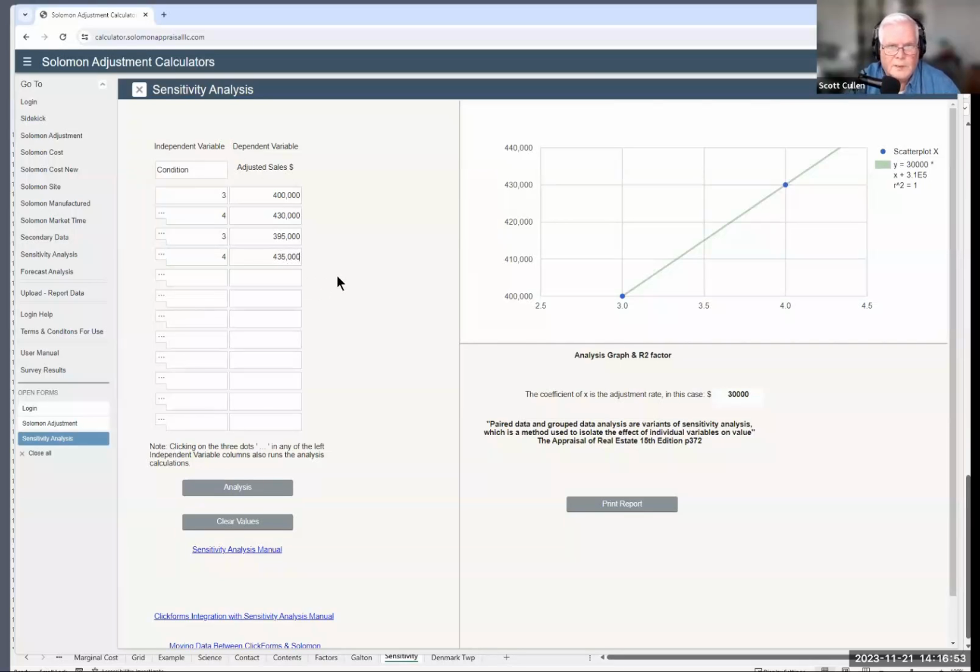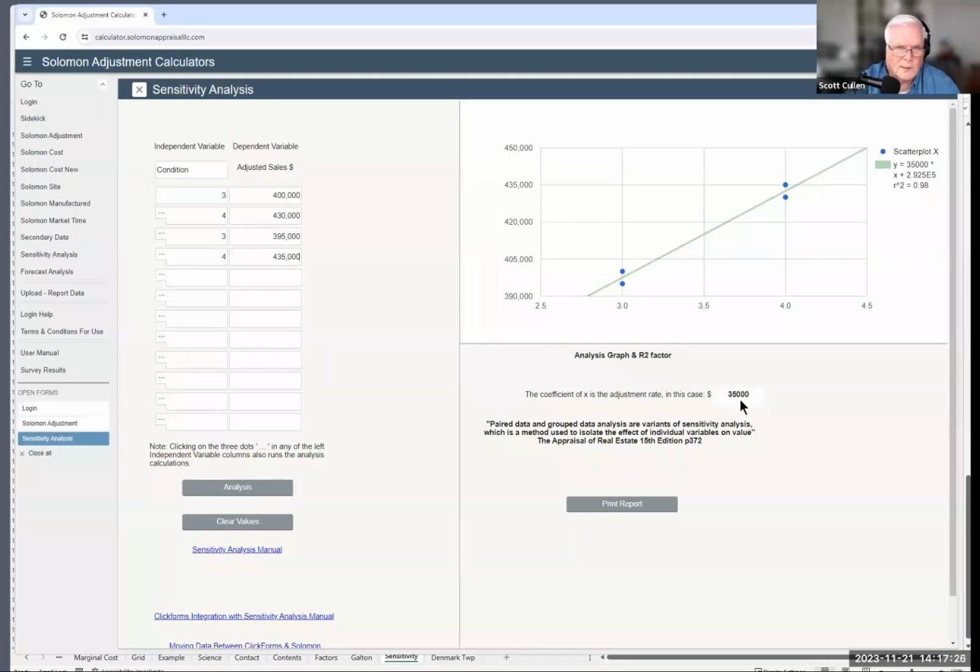So if you were going to do adjusted pairs, the first question is, is it 30,000 because that's the difference between these two properties, or is it a larger difference because you're comparing these two properties? That'd be a $40,000 adjustment. So the way sensitivity works is it finds the best fit line through the data points, and in this case, it gives us a $35,000 condition adjustment.